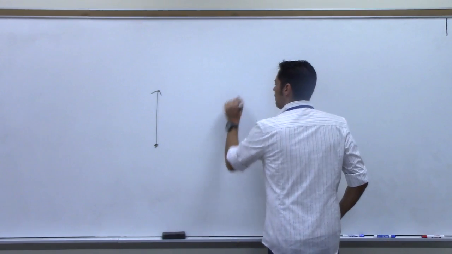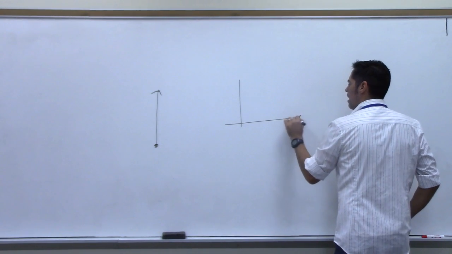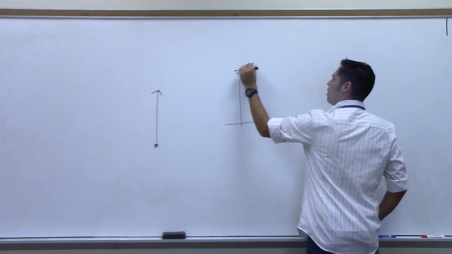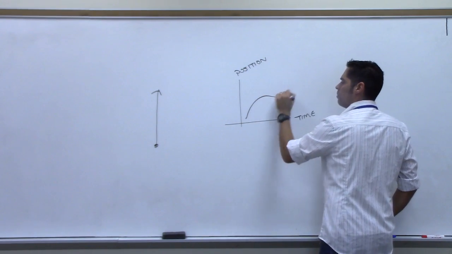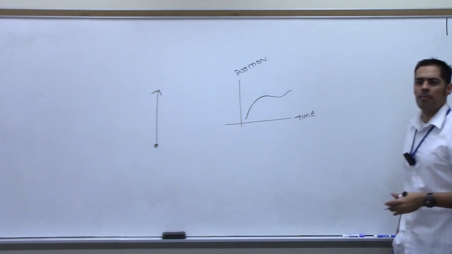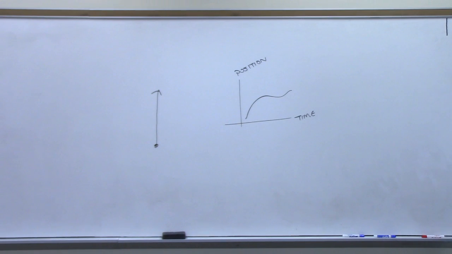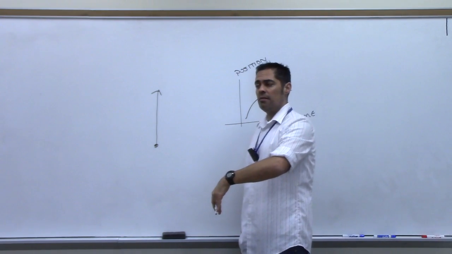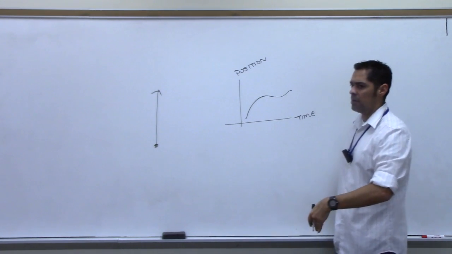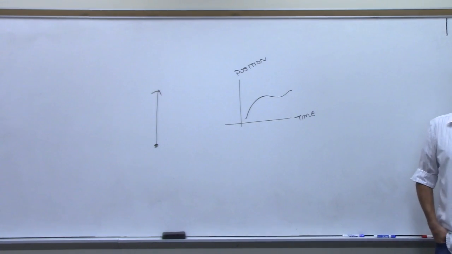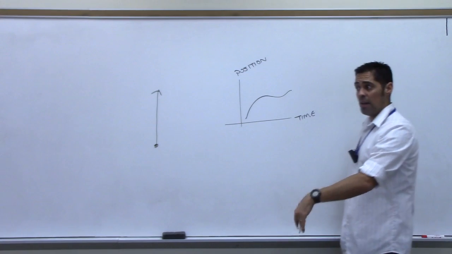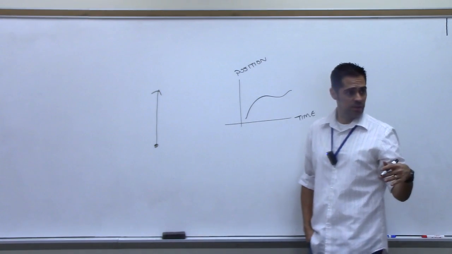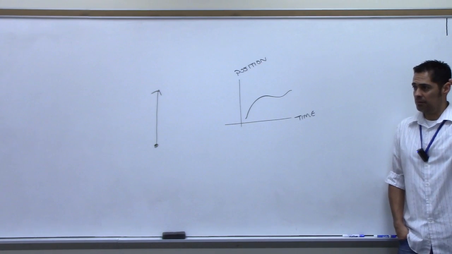Then if you have a way of measuring time and position of the object, the first derivative represented the velocity and the second derivative represented the acceleration. Well, if we're now talking antiderivatives, there must be some way that we can go from an acceleration backwards to a velocity and from a velocity backwards to a position. And that's what this is about.